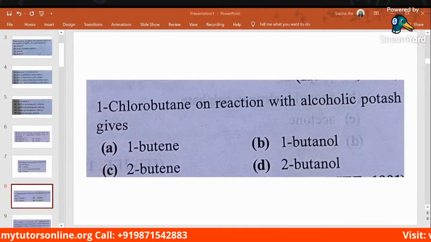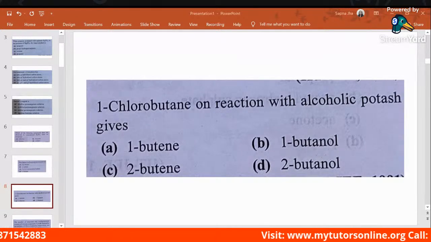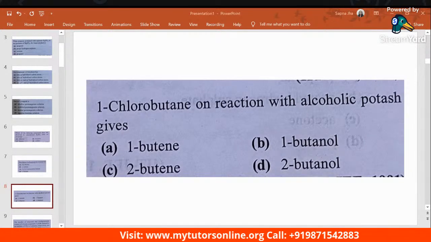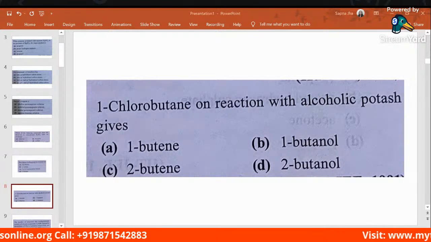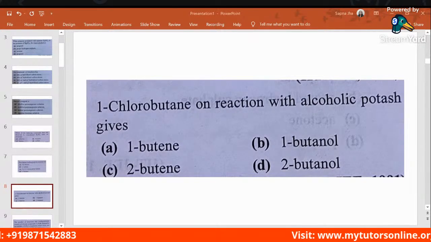You both are telling about 1-butanol, which I do not think, and somehow Vachna tried it again and she tried very well, and she is correct. The answer is A, and that is but-1-ene.